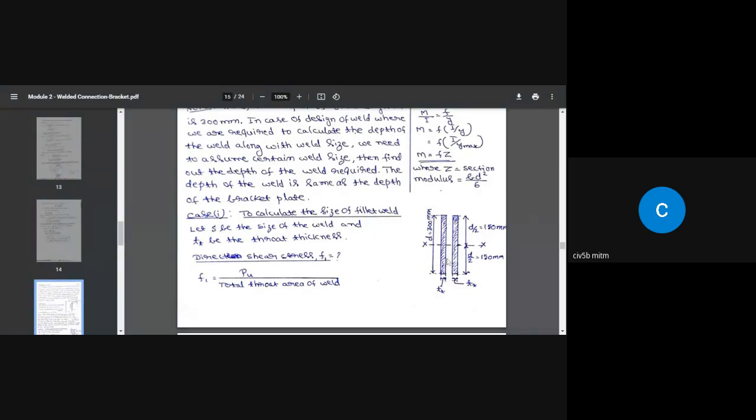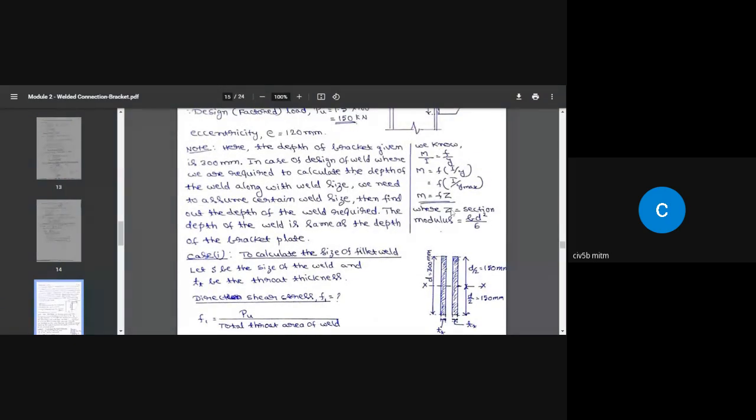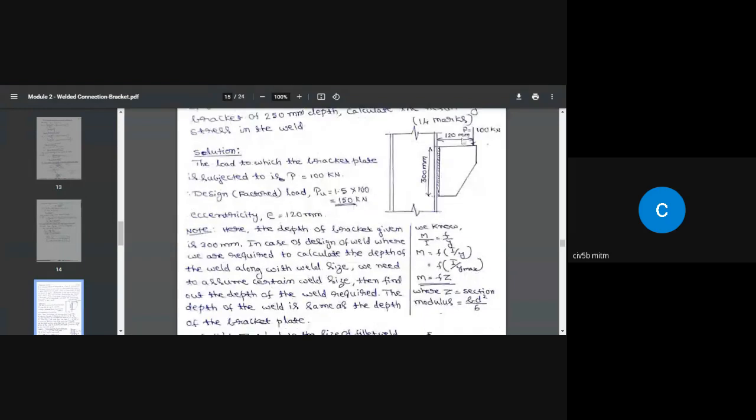When we consider this weld, which is rectangular, where TT equals the thickness of the throat and D is 300 millimeter, and this is the neutral axis. Because this is subjected to eccentric load and the connection is type 2, the weld is subjected to direct shear as a result of this, and also the moment which causes tension in the weld.